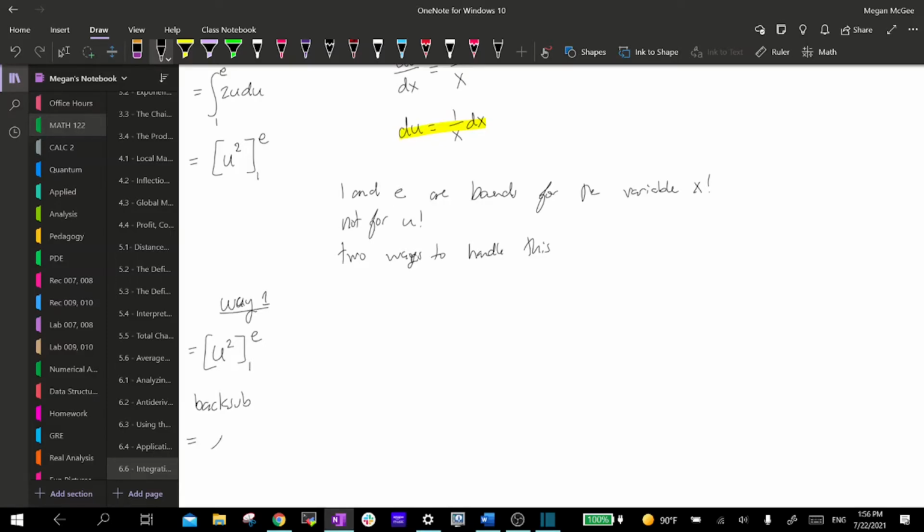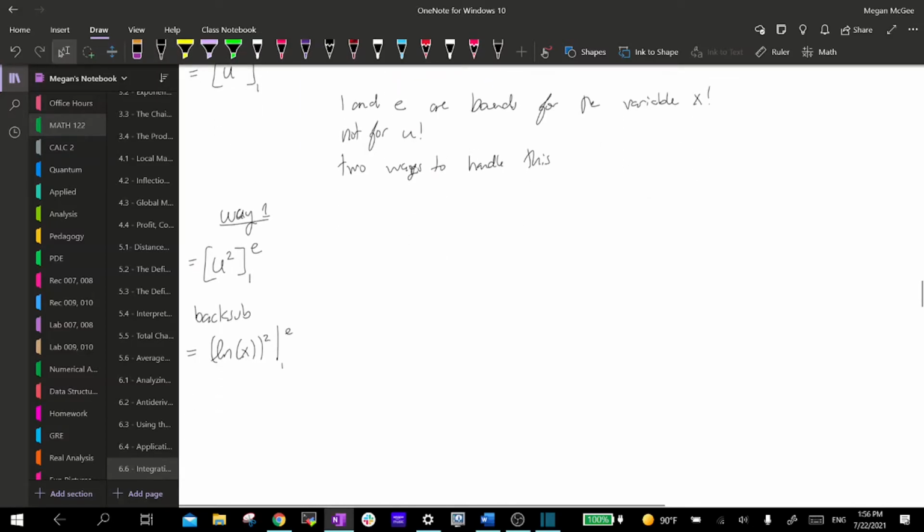So we just need to plug in the natural log of x squared evaluated from 1 to e. Okay? So we can go ahead and plug in our bounds now because they were bounds for x. And now we have the variable x. So we get the natural log of e squared minus the natural log of 1 squared. So we get 1 squared minus 0 squared, which is 1.